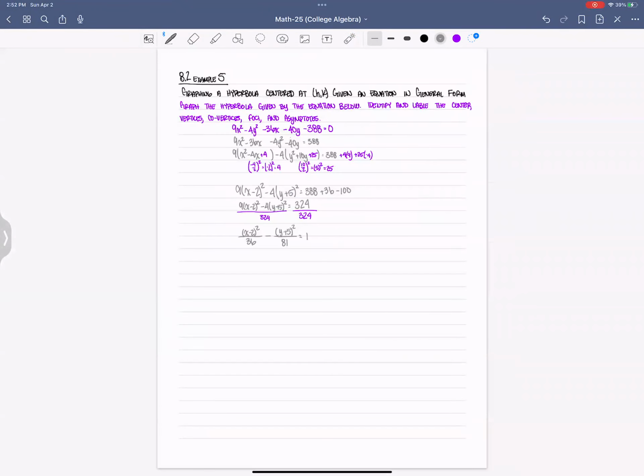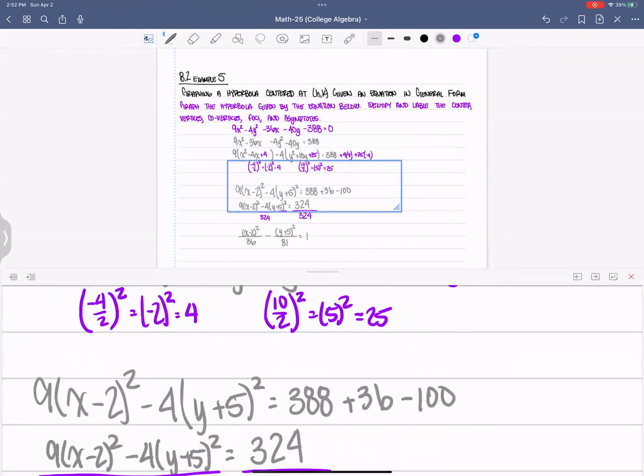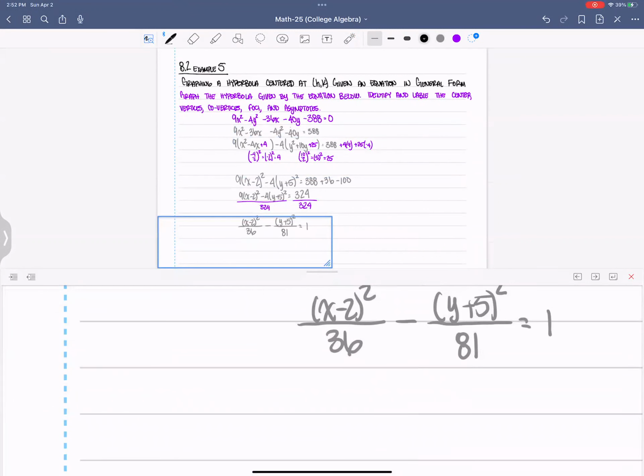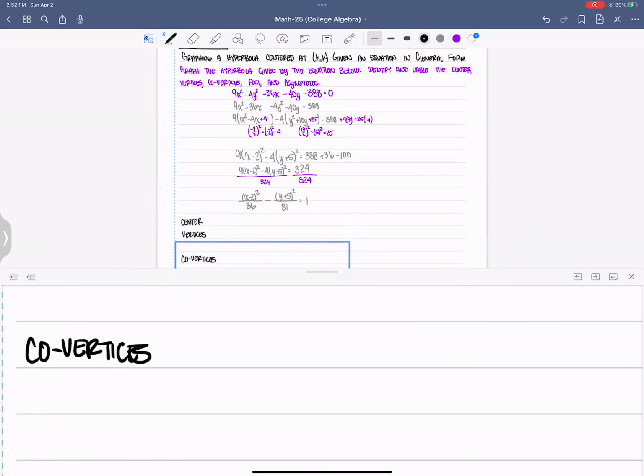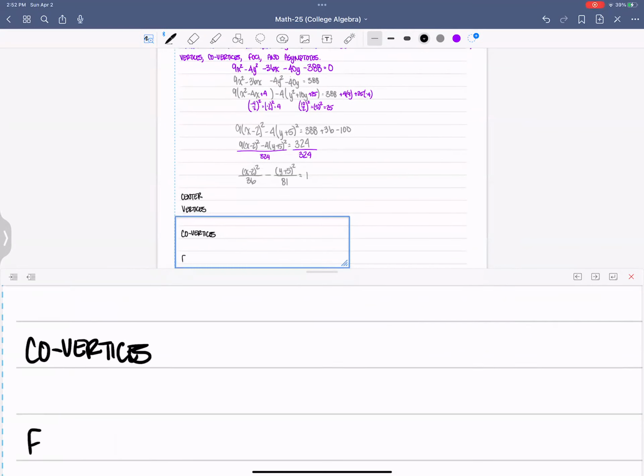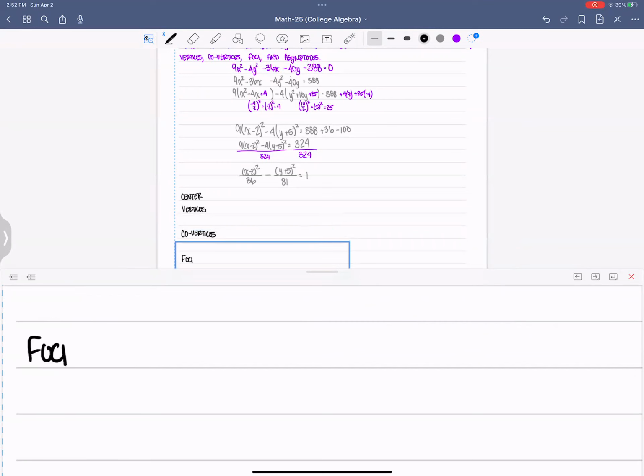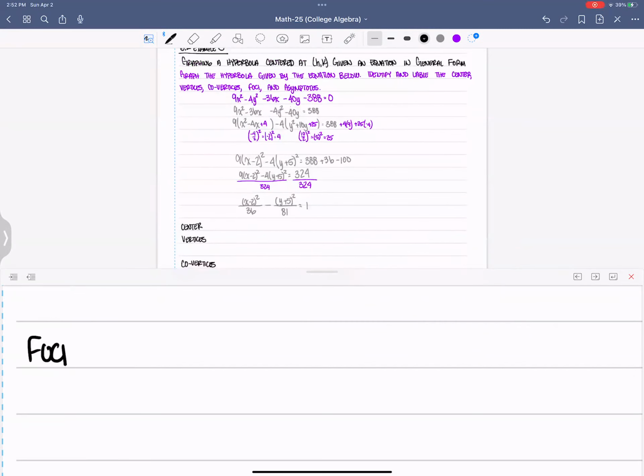So now this is our equation that we're working with. And they want us to graph this, so we're going to graph this and find all of this stuff. They want us to find the center, the vertices, co-vertices, the foci, and lastly, the asymptotes.